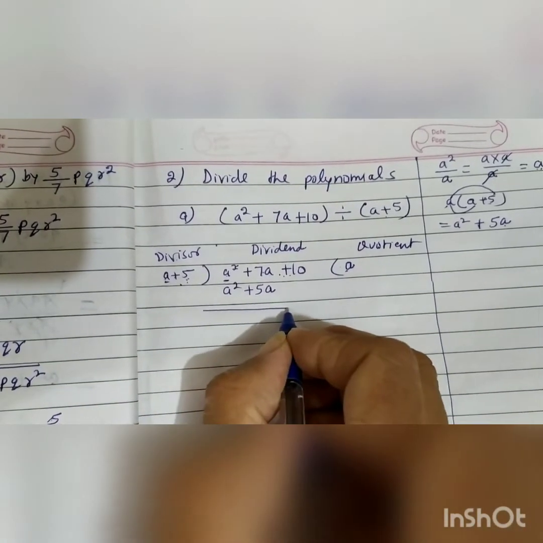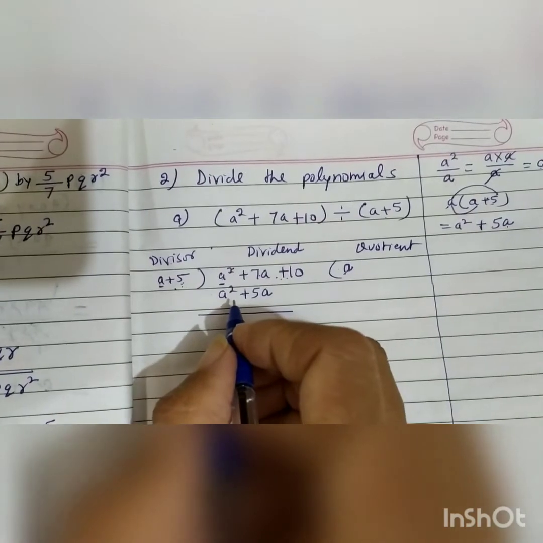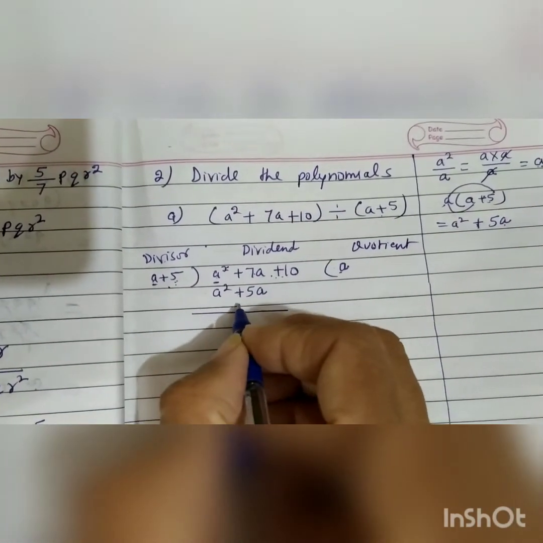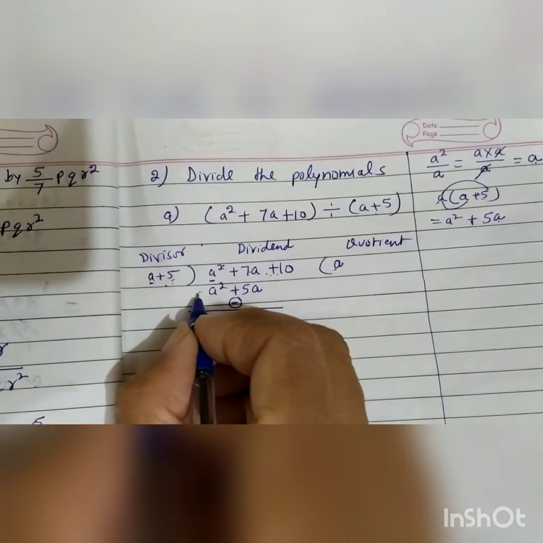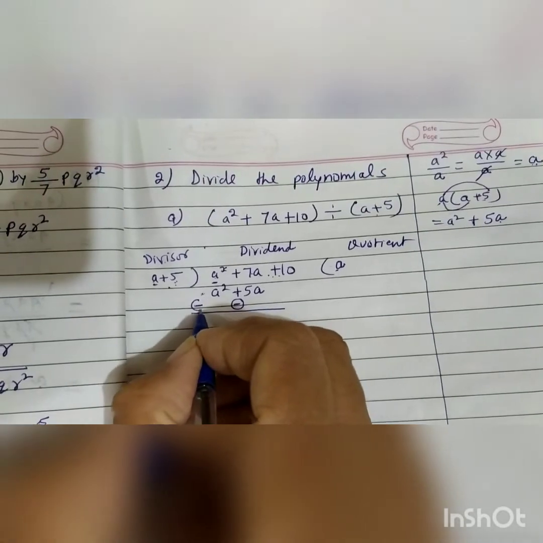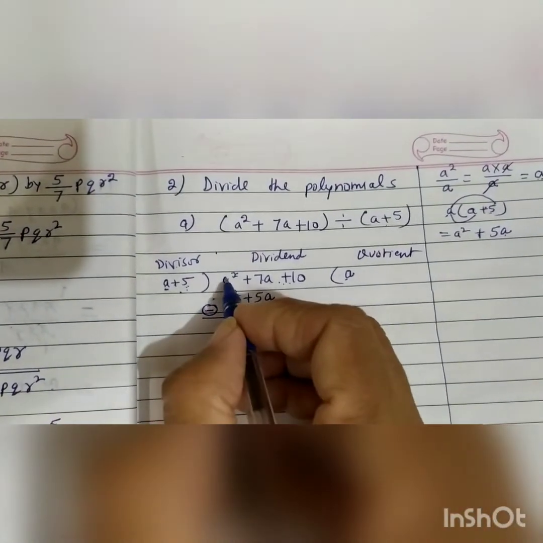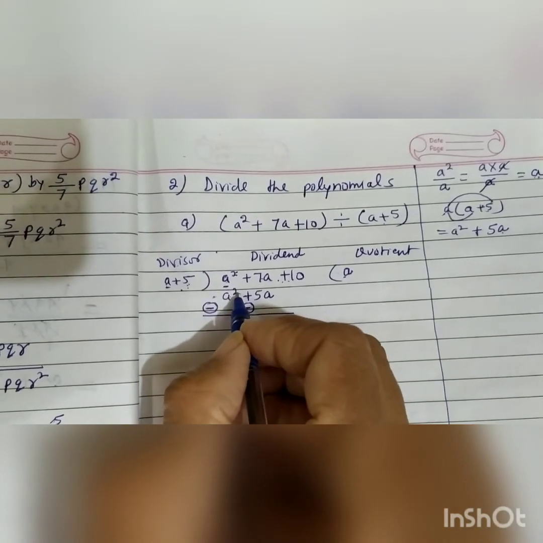Now we will change these two signs as we did in the subtraction of algebraic expressions. This is plus, it will become minus. This is also plus, it is considered plus because there is no sign, we will change it to minus. Now simplify. This is a square and now it is minus a square.